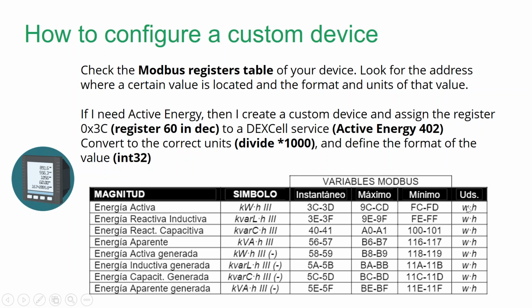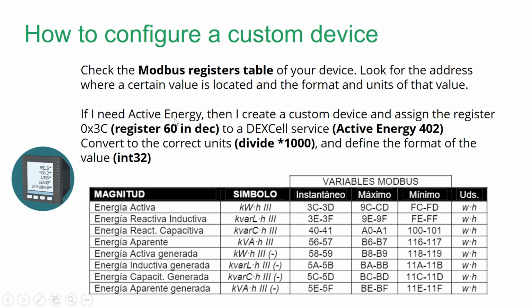As you know, Dexel uses active energy in its service 402, but it uses kilowatt hour as units. So what do I have to do to create my custom device? First, point to the correct register. This is noted in hexadecimal numbers, so I have to convert this 3C to decimal, that means 60.